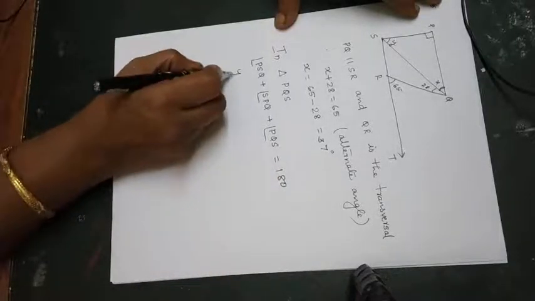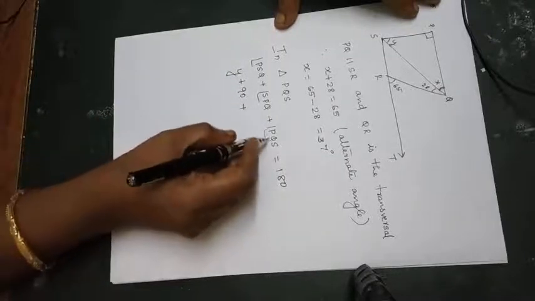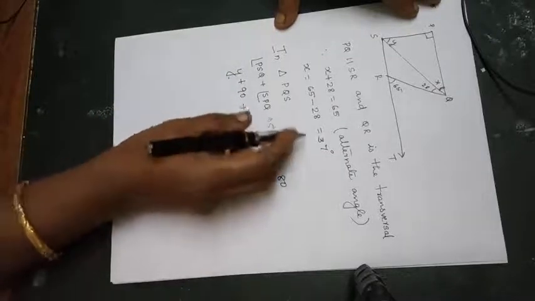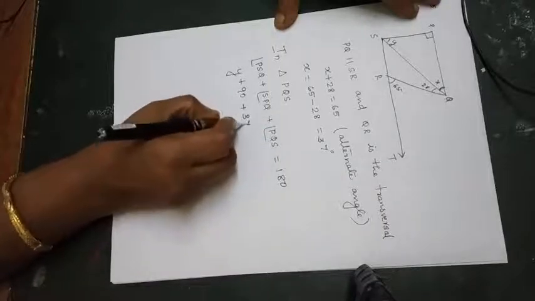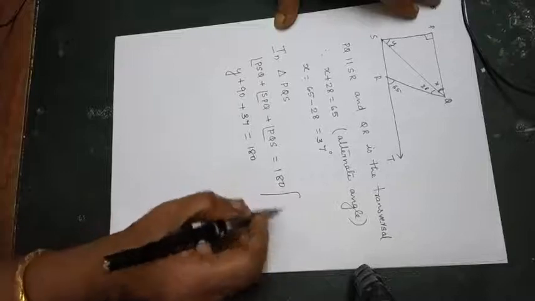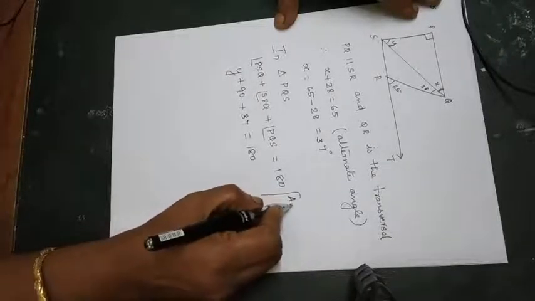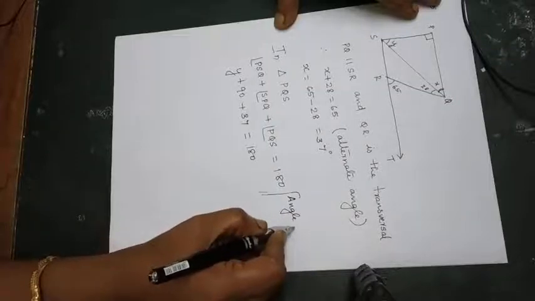PSQ means Y, this one is 90, and PQS means X value is 37, that is equal to 180. You can write the reason: angle sum property of a triangle.